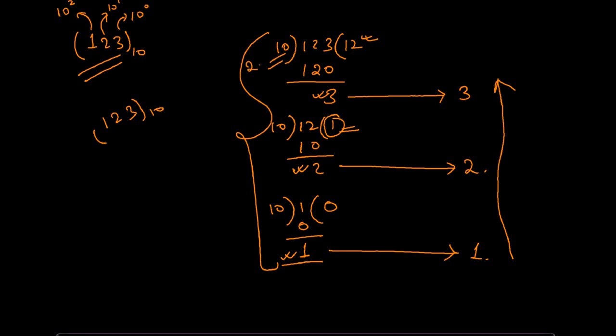To get the digits in decimal, you divide by 10. What is 10 here? It is the base of decimal, the number of symbols in the decimal number system. Similarly, 2 is the number of symbols in the binary number system.